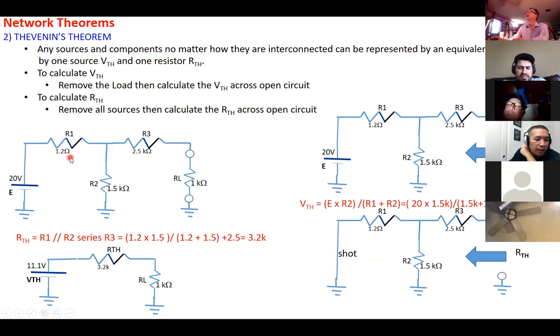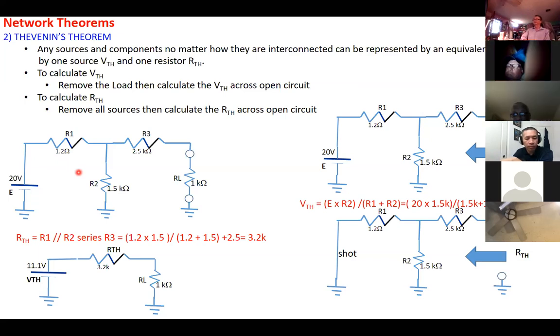That's supposed to be 1.2 kilo ohm, not 0.2 ohm. Yes, kilo ohm, I was wrong. Just change it to kilo ohm. It's that way on both sides.